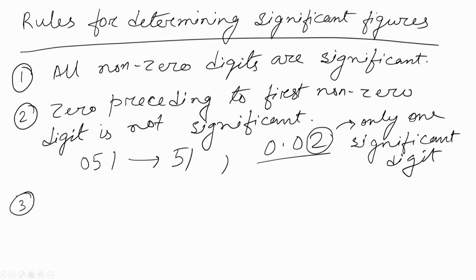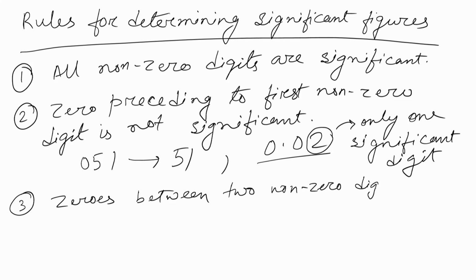The third rule says zeros between two non-zero digits are significant.